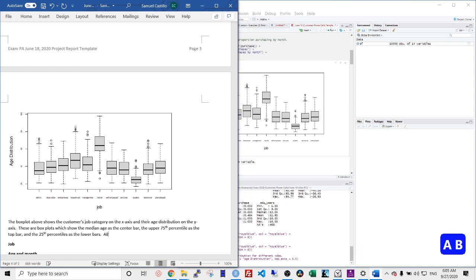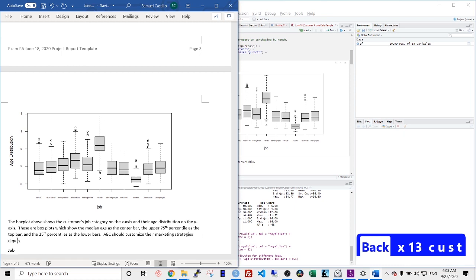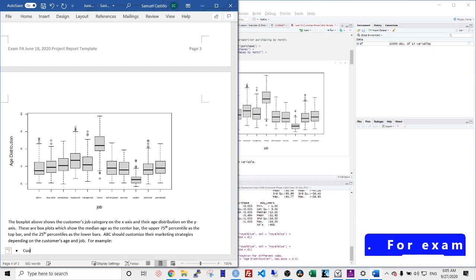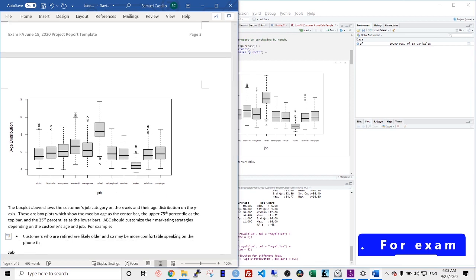So ABC should customize their marketing strategies depending on the customer's age and job. For example, customers who are retired are likely older and so may be more comfortable speaking on the phone than using online chat or email.